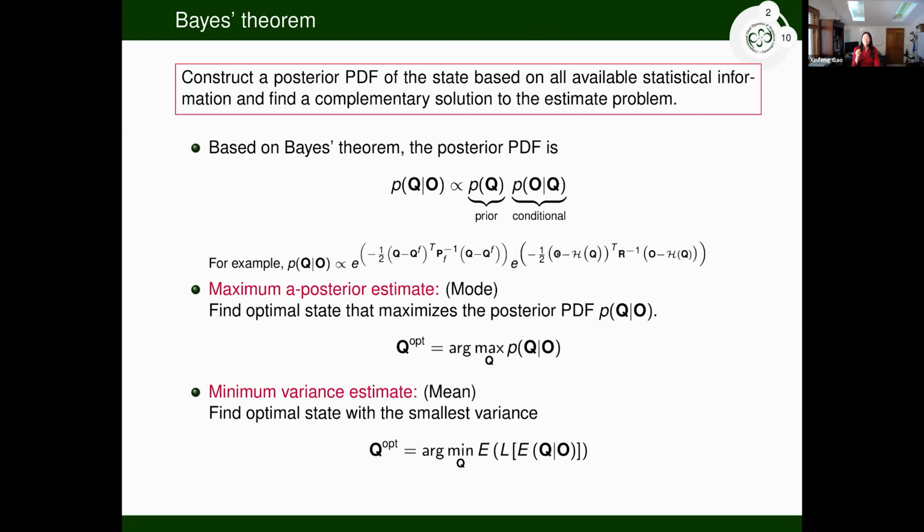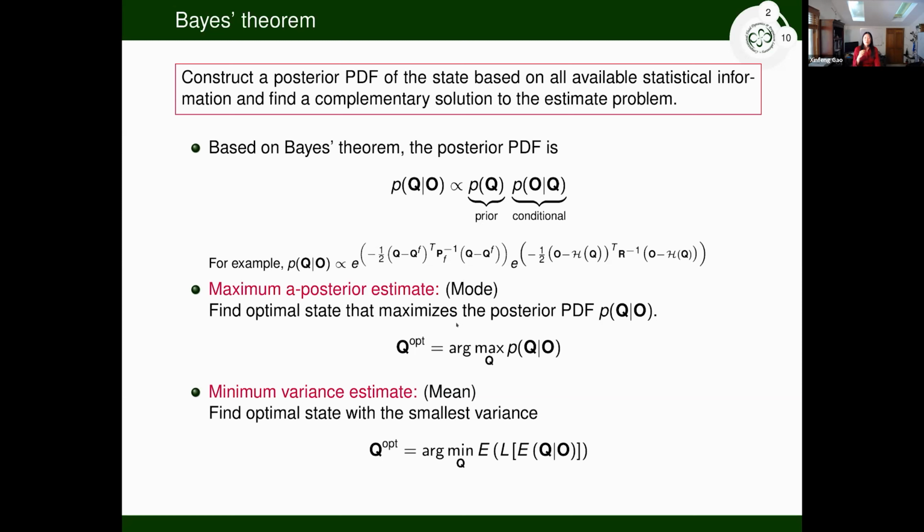If they are Gaussian, then the posterior will be Gaussian. So we have a form. Then we can take this posterior PDF and find the optimal state to maximize the posterior PDF. Here Q is our control variable, and O is observation data, for example.